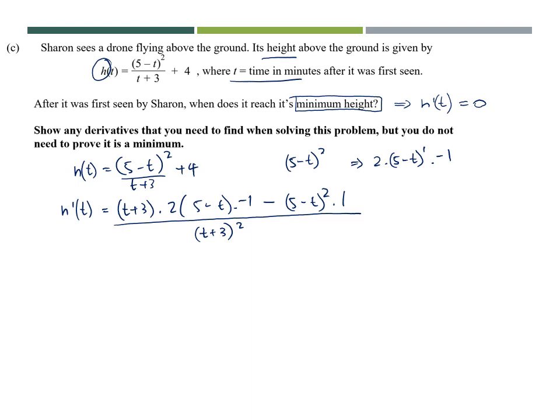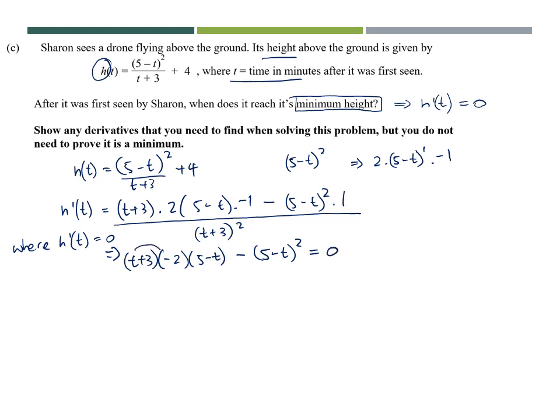So from here, where h dash t equals 0, this implies that the top line, which is (t plus 3) times negative 2 lots of (5 minus t), minus (5 minus t) all squared, equals 0.